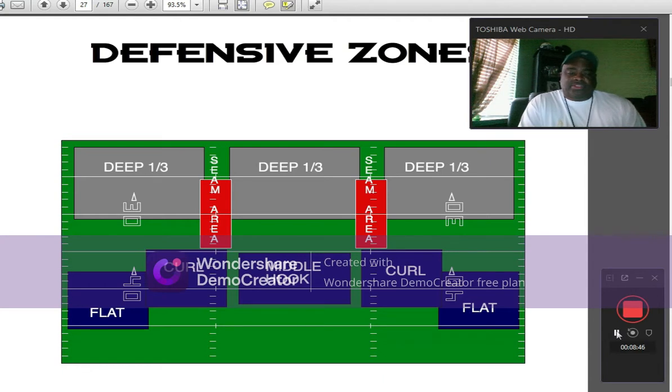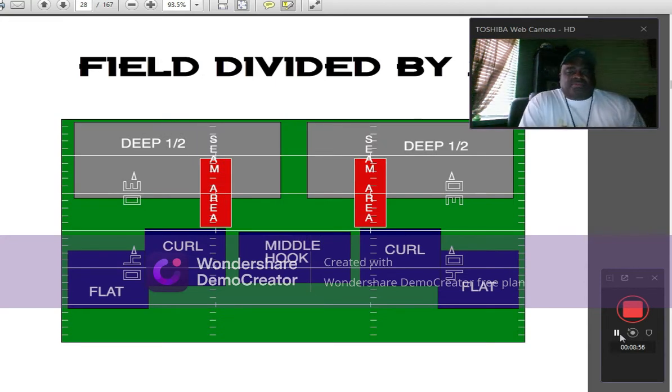The linebackers can be moved back, and one could be playing a hook to curl, middle hook, and the other hook to curl. The 4-2-5 can also be broken down and played like that. As you look at that, the 2 corners are up, and they have 2 half players, 2 hook to curl players, and the middle linebacker.